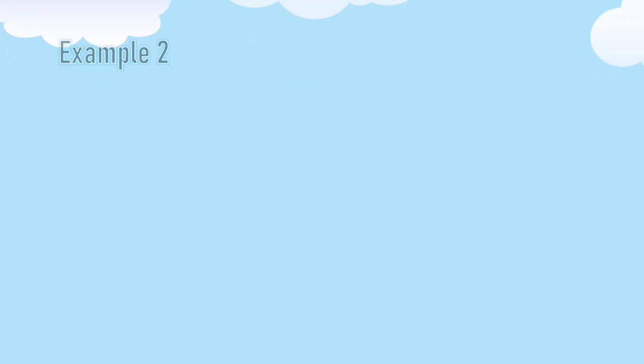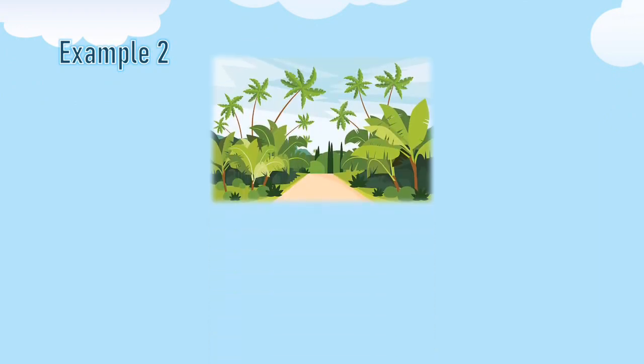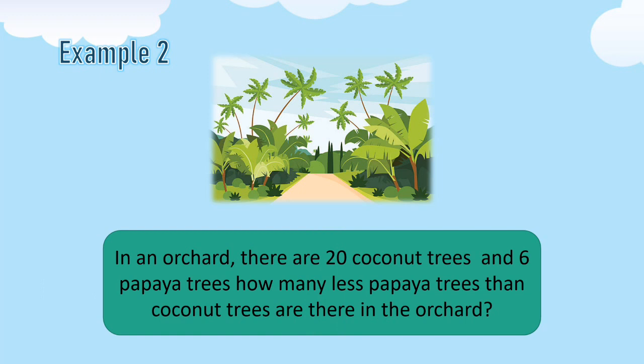Look at example 2. Here is the picture. By seeing this picture, you have to create a word problem. In an orchard, there are 20 coconut trees and 6 papaya trees. How many fewer papaya trees than coconut trees are there in the orchard? In this story, I have created a subtraction story.